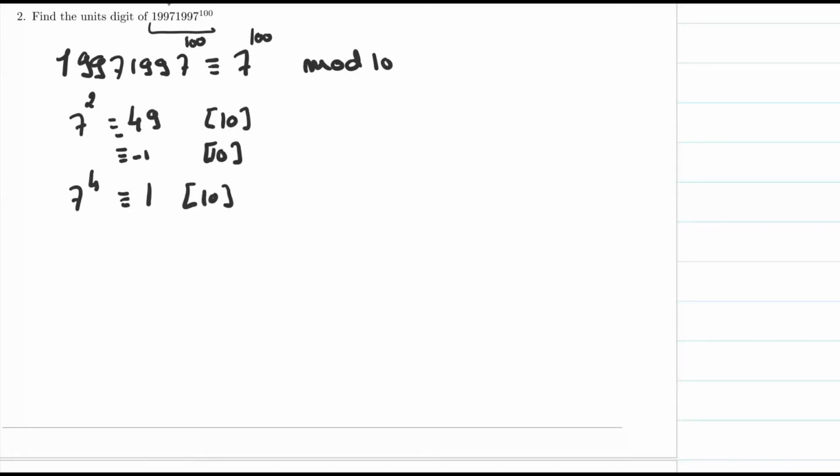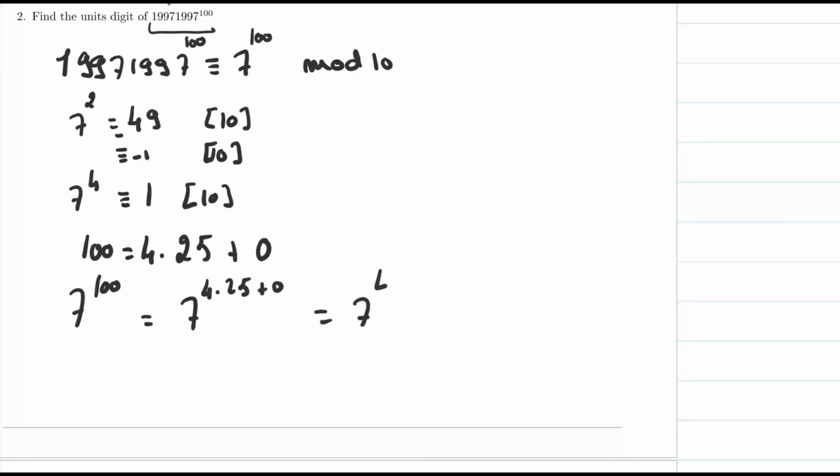But I want 7 to the power 100. So I divide 100 by 4. 100 is 4 times 25 plus a remainder of 0. So 7 to the power 100 I write as 7 to the power 4 times 25 plus 0, which is 7 to the power 4 raised to the power 25 times 7 to the 0.